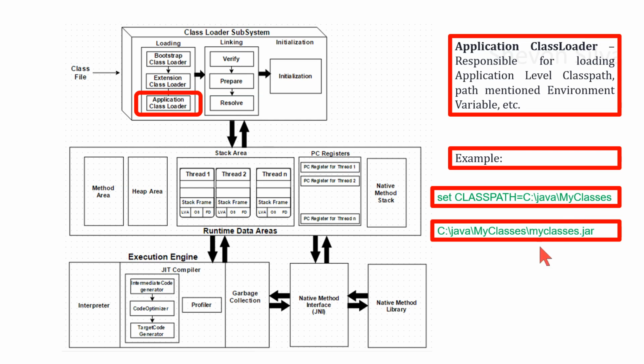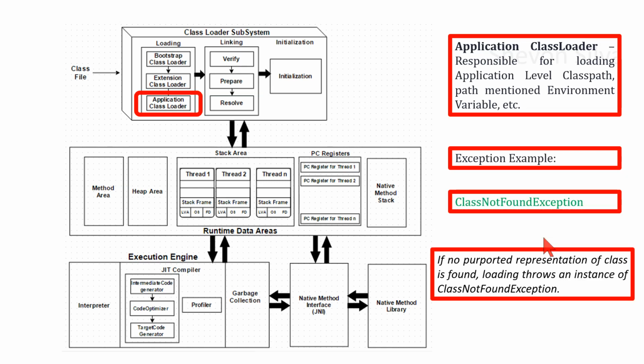If you have a jar file named myclasses in this folder, the classes in the myclasses jar file will be loaded through the application class loader. If no purported representation of a class is found, loading throws an instance of ClassNotFoundException.